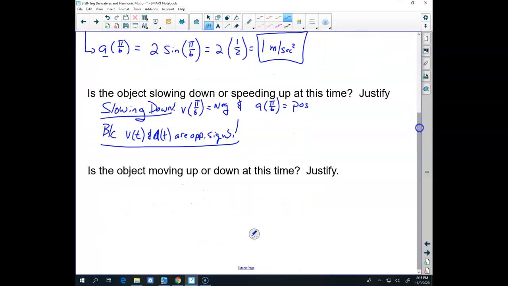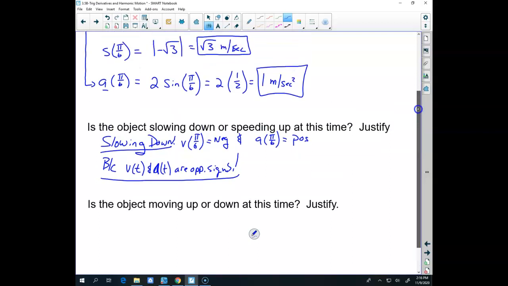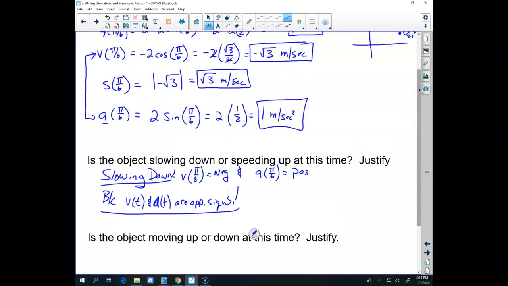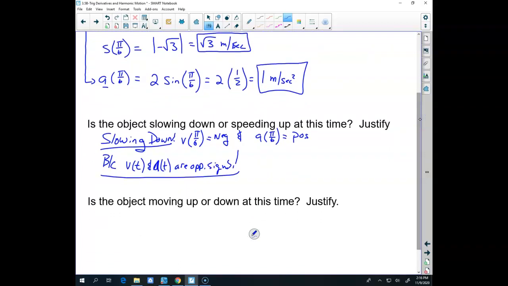Is the object speeding up or slowing down at this time? Sorry, not speeding up. We already did that. Is the object moving up or down at this time?